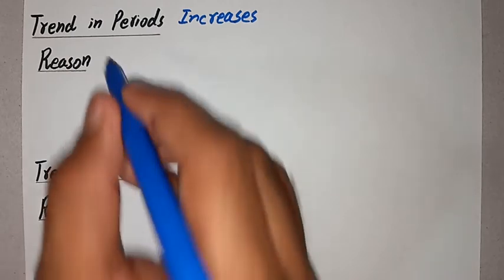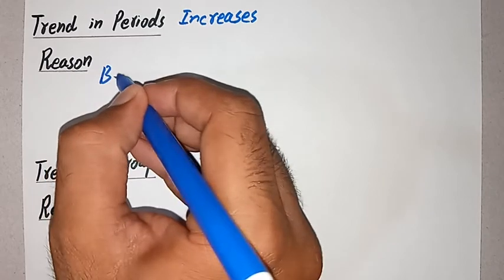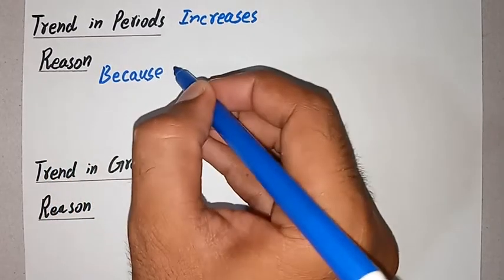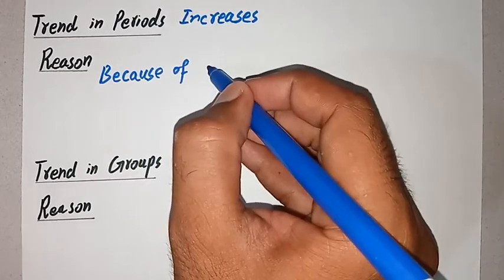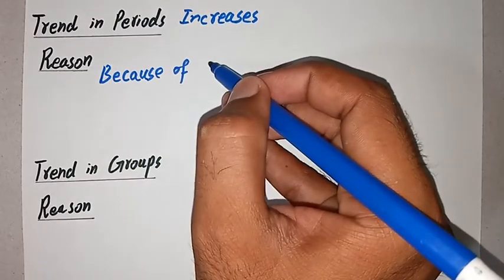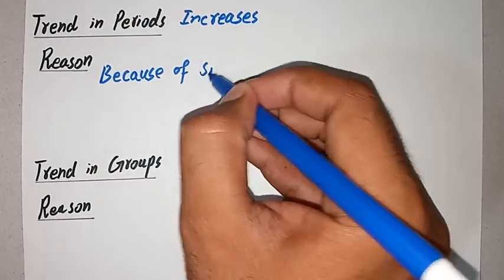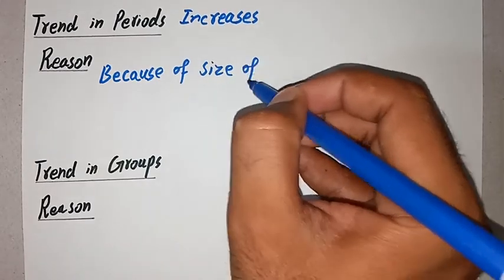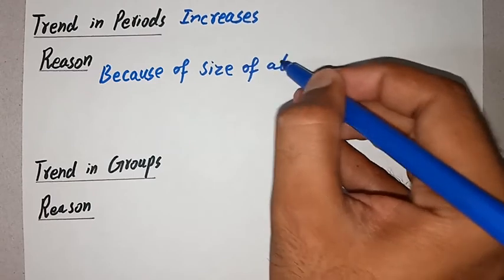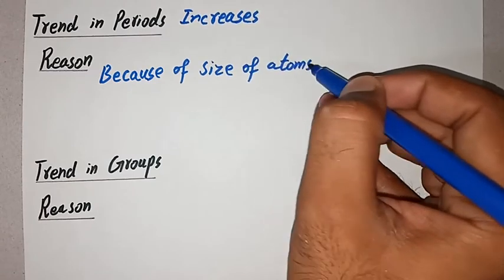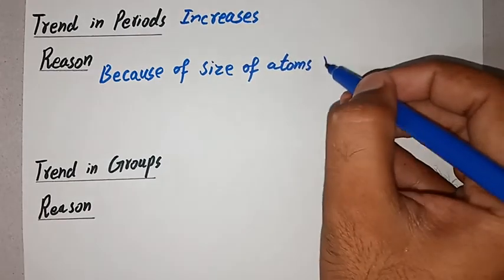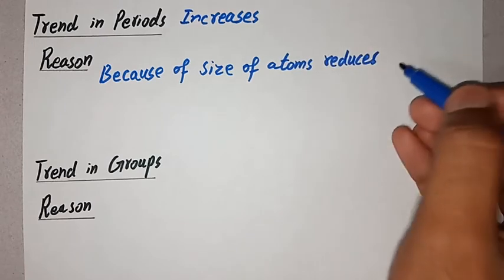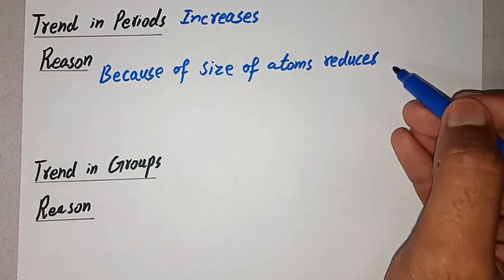It is because of the size of the atom. As the size of the atom reduces, as we know that in a period the size or atomic radius reduces.